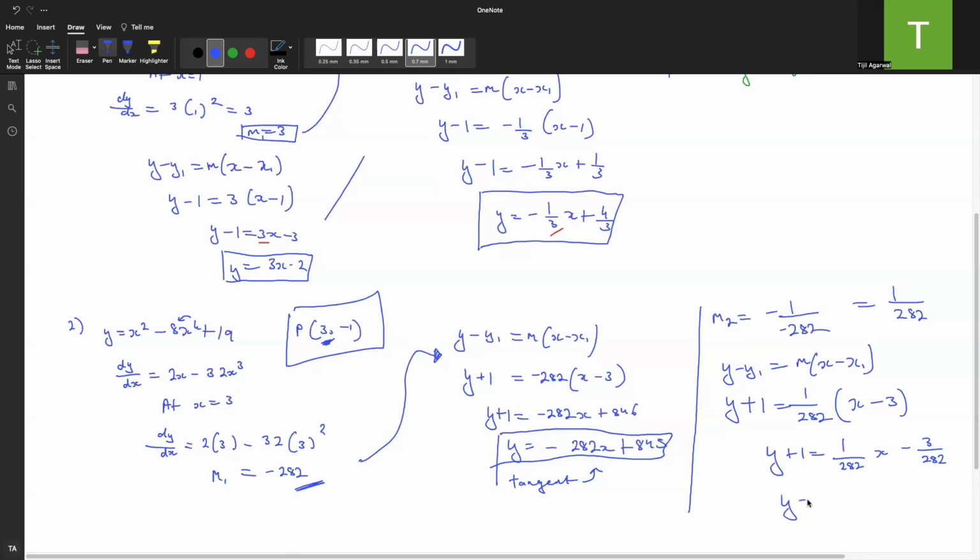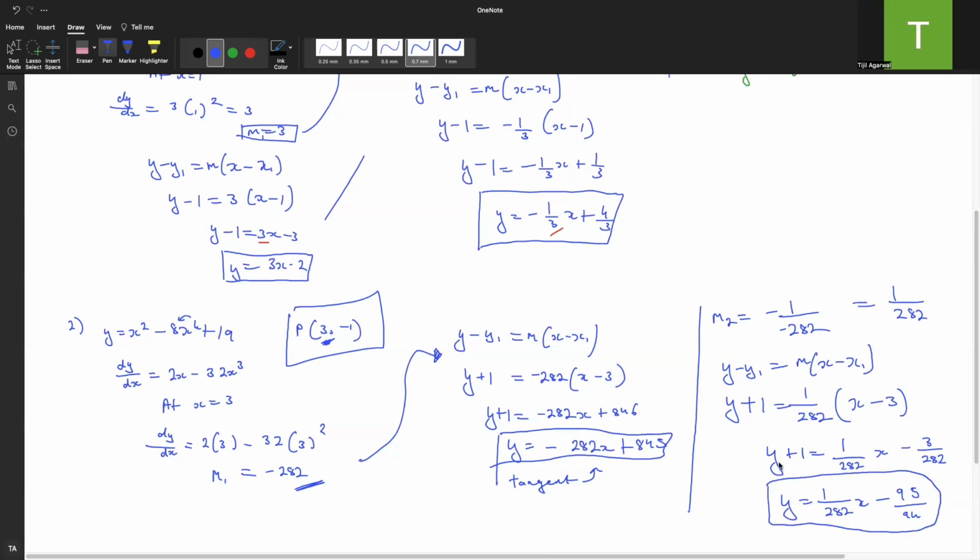And then y is equal to 1 over 282x, and then we've got minus 3 over 282 minus 1, which simplifies to minus 95 over 94. And that's the equation of our normal.